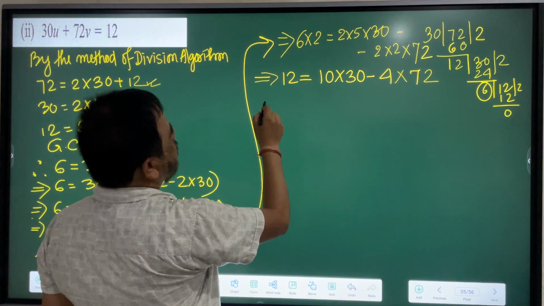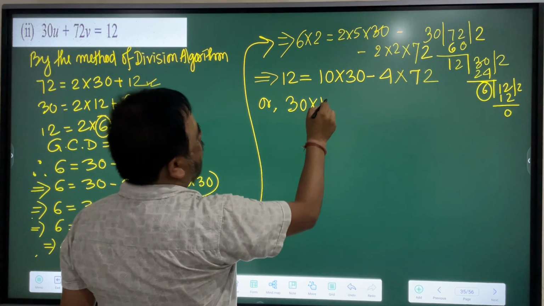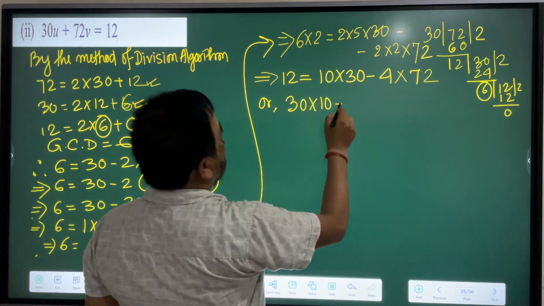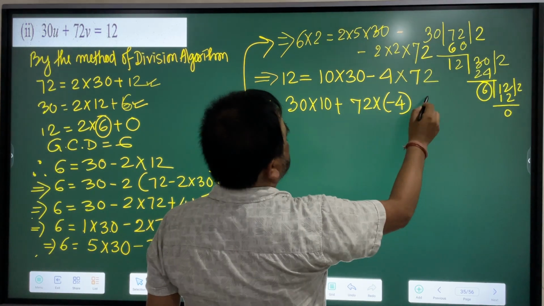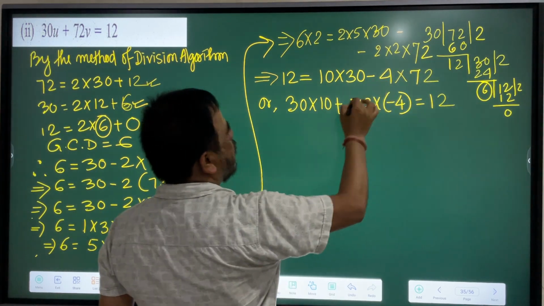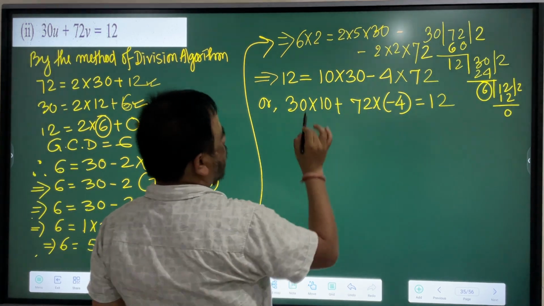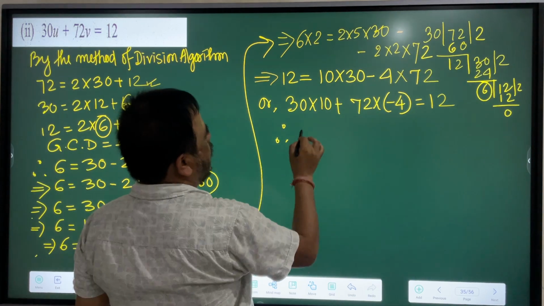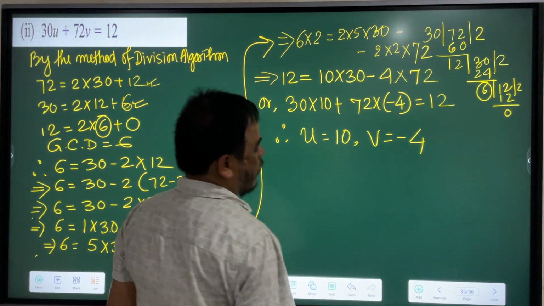Now we can write 30 into 10 plus 72 into minus 4 equals 12. I hope you understand. Plus is there, so minus 4 taken separately. Therefore, u is equal to 10 and v is equal to minus 4.